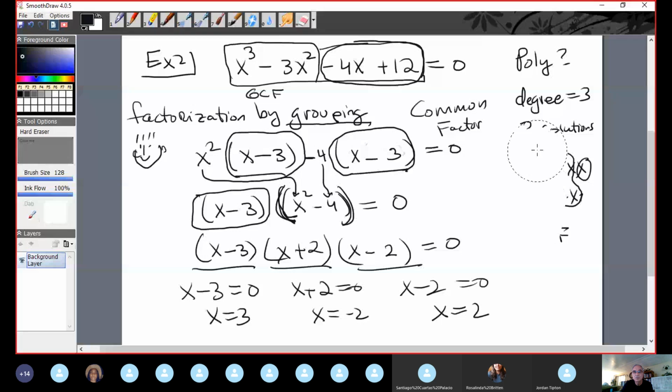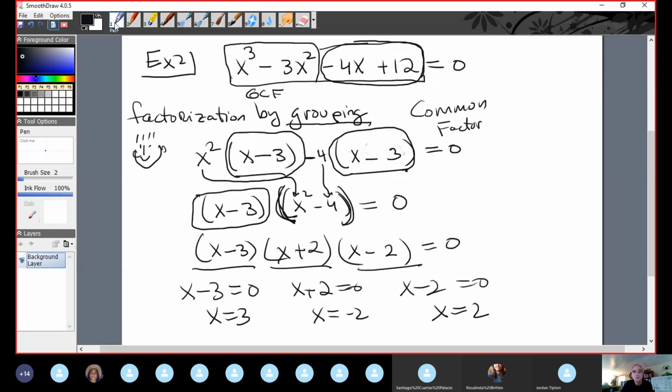Solution set is 3, negative 2, 2. And that's it. So we are doing 2 examples of the polynomial equation.